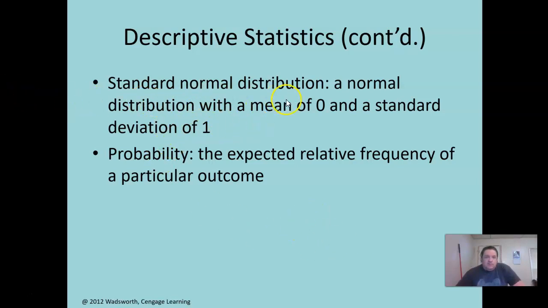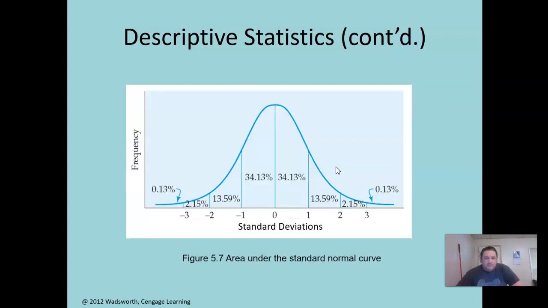The standard normal distribution is a normal distribution with a mean of 0 and a standard deviation of 1. Probability is the expected relative frequency of a particular outcome. So if something happens within one standard deviation, there's a 64.26% chance that it's going to happen within one standard deviation. 34.13 plus 34.13.